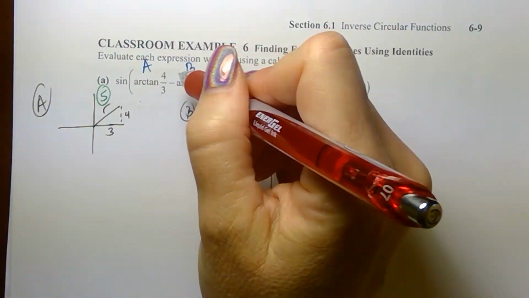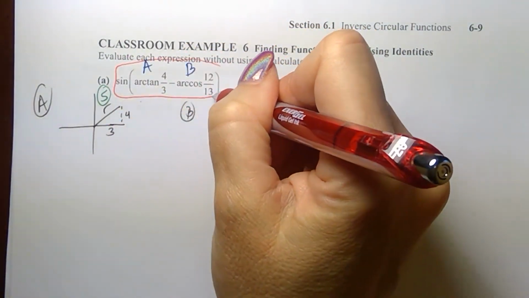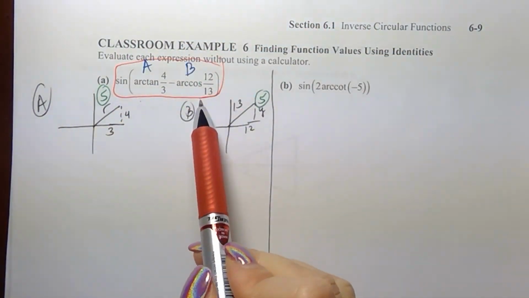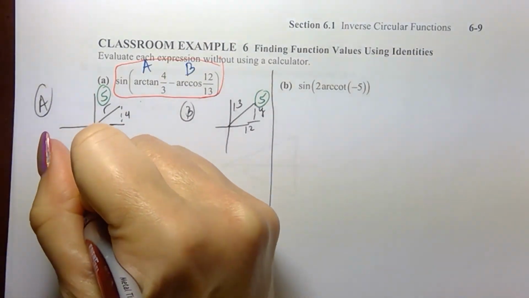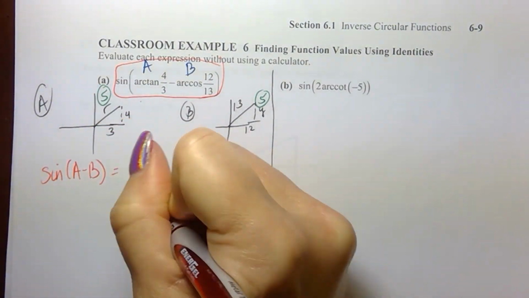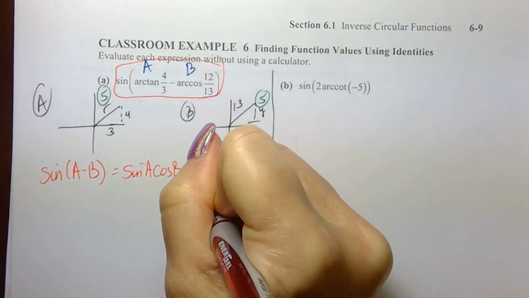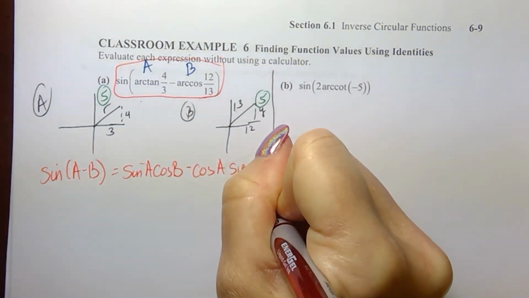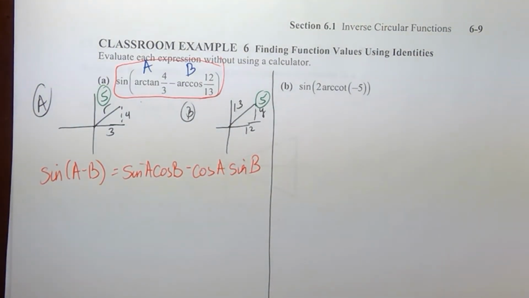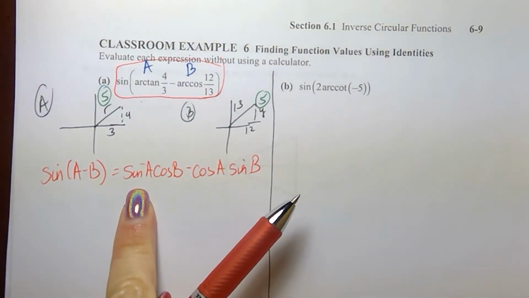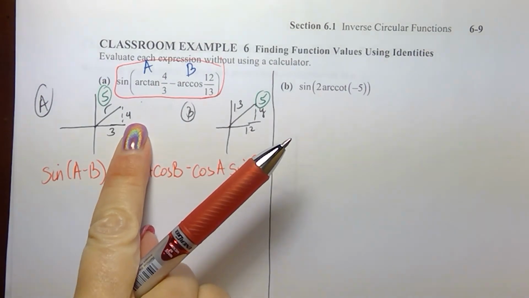Now, I established that I'm going to need to use my sine difference identity. Sine of A minus B is equal to sine A cosine B minus cosine A sine B. Those are the values I plug in. Sine of angle A is 4 over 5.